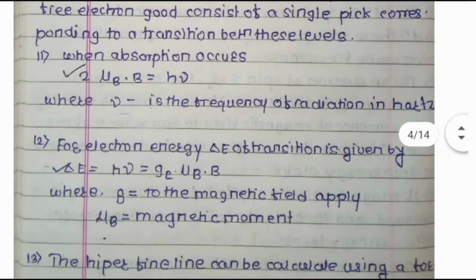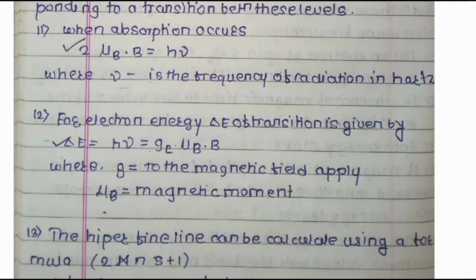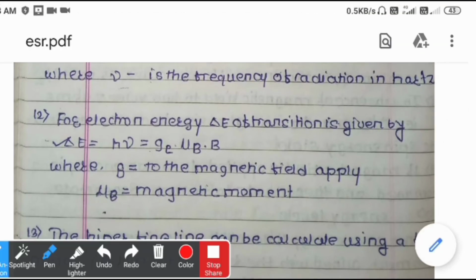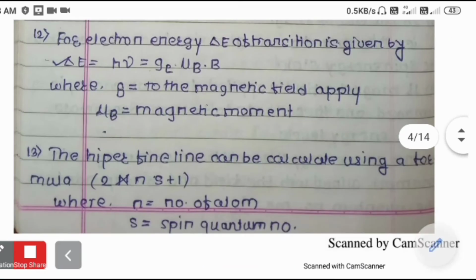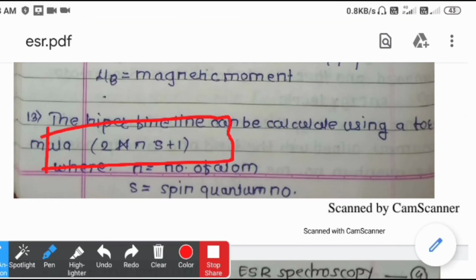When the absorption occurs, the energy gap delta E is equal to h nu, which is g e mu B into B. One important formula for solving all of our problems is 2ns plus 1.